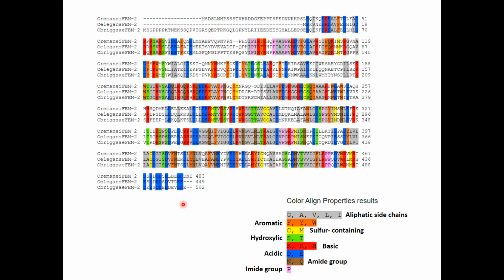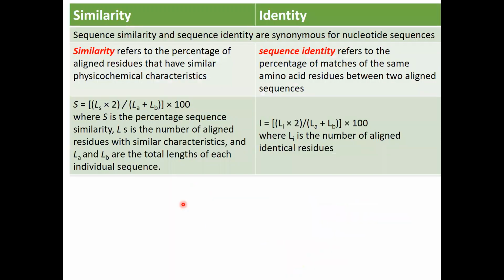Now the question is, is it possible to calculate the total amount of sequence similarity or identity? Yes, we have several formulas that can be used to calculate the total amount of sequence similarity or sequence identity. In coming slides, we shall discuss two formulas. For example, this is a sequence similarity calculation formula.